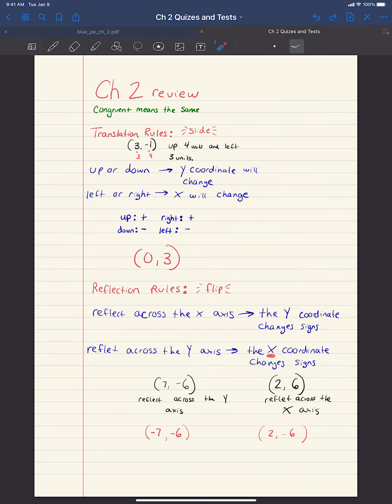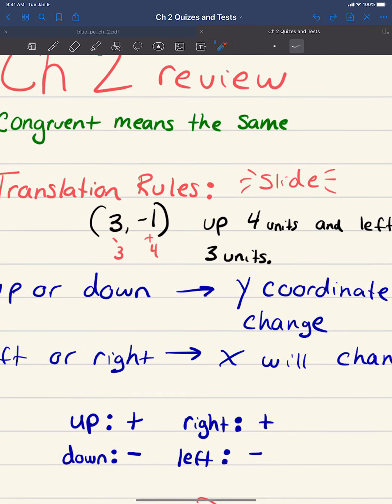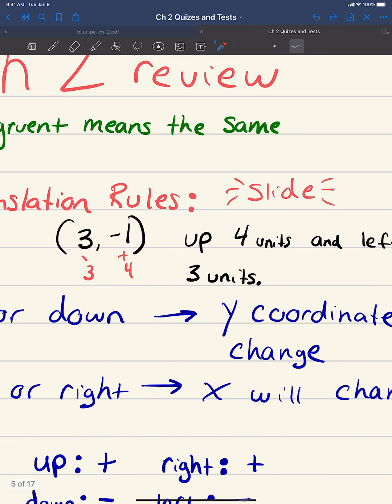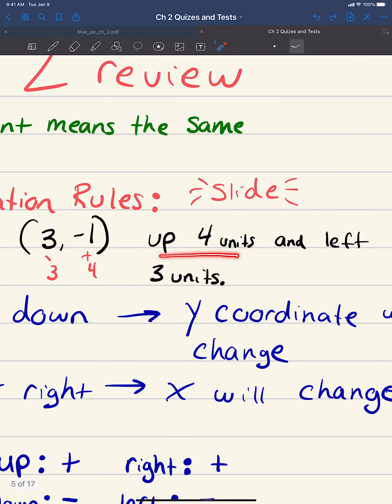I also put a quick little example. So if I had this coordinate, this point, and I said, go up 4 units and left 3 units, I showed you up means you're dealing with the y coordinate, right? It also means you are going to be adding. So I said we're going to add 4 to the y coordinate, okay?